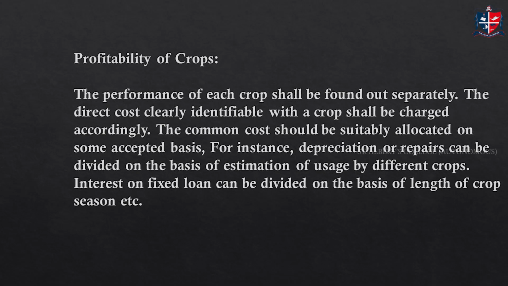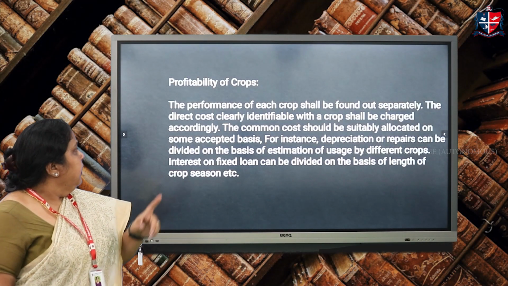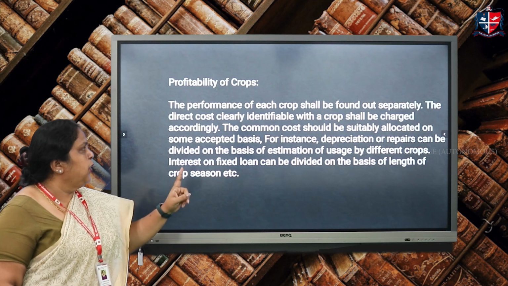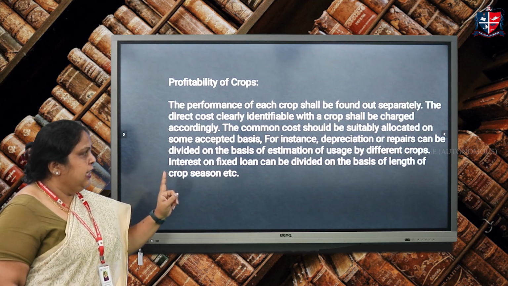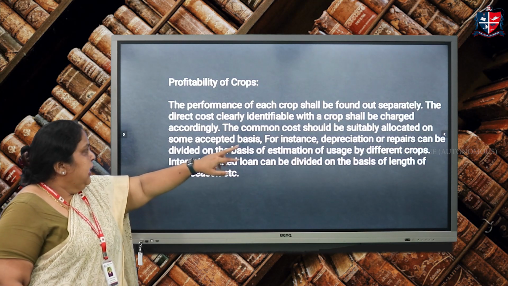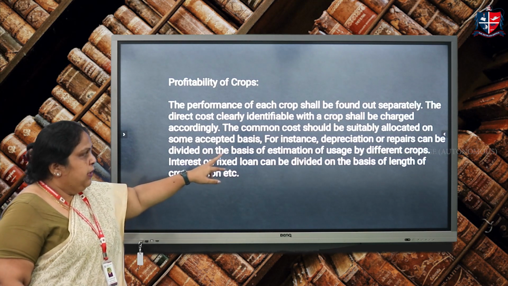Profitability of crops. The profit of each crop is found separately. The direct cost clearly identifiable with the crop is charged accordingly. Now, the common cost should be suitably allocated on some accepted basis.